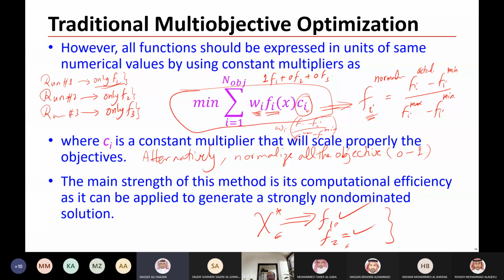So actually we are looking for the Fi minimum. If I don't have that minimum, how can I use it in normalization? And second, sometimes if I'm looking for a minimum objective, the other side may be infinity. For example, the maximum will be infinity if I'm looking for the minimum.